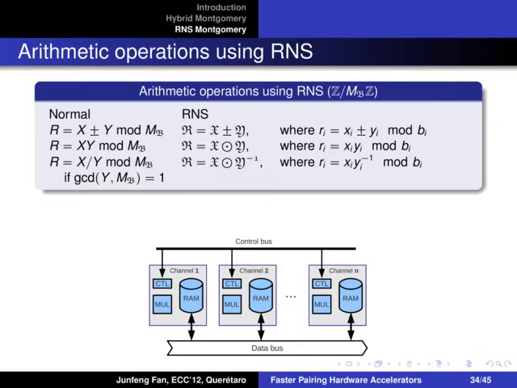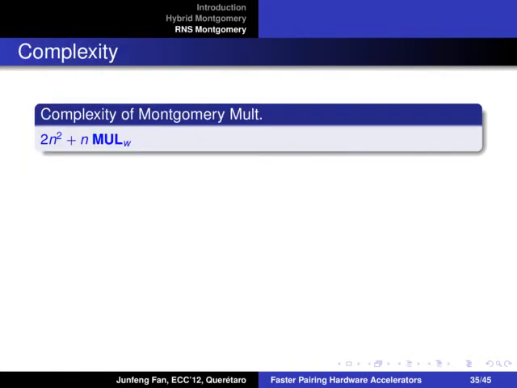There's no dependency between different channels, so it's very easy to parallelize. Of course, every time you do the multiplication in a channel, you have to do a modular b_i operation, some sort of reduction, but you can choose b_i as a pseudo-Mersenne number, so the reduction becomes quite easy in hardware.